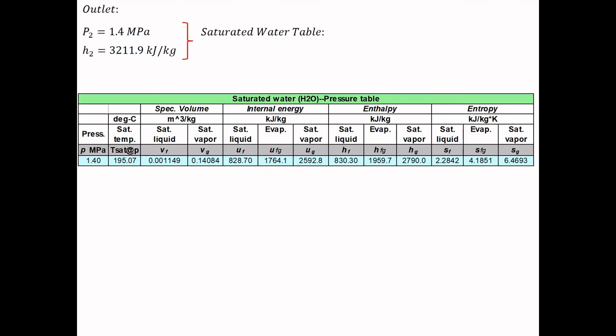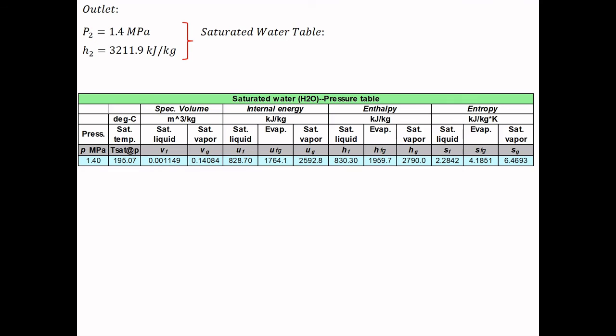Now at the outlet, in terms of data, we have P2 equal to 1.4 megapascal and also h2 equal to 3211.9 kJ per kg. So we already have two data. For water, it's enough to determine the phase. So first we need to determine the phase. Use the saturated water table at 1.4 megapascal.